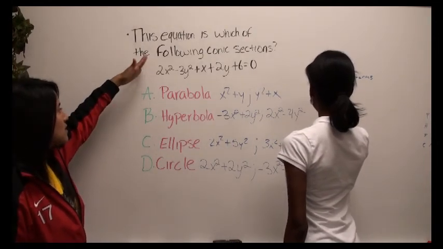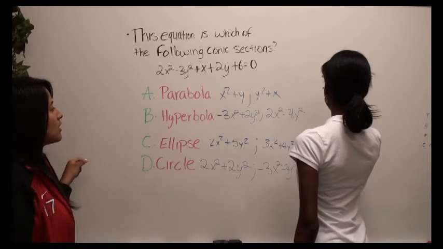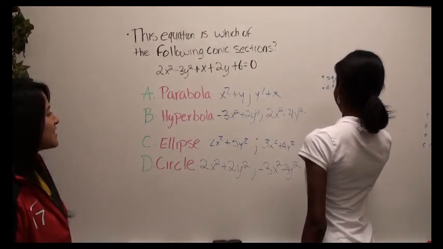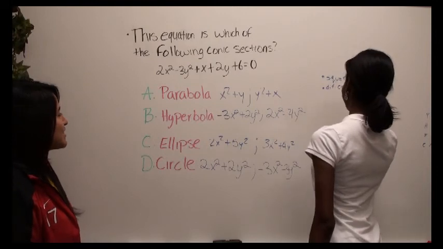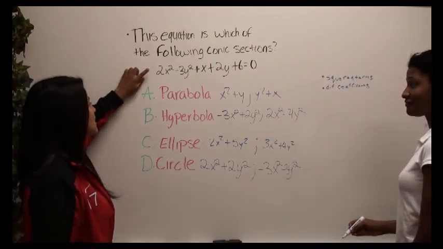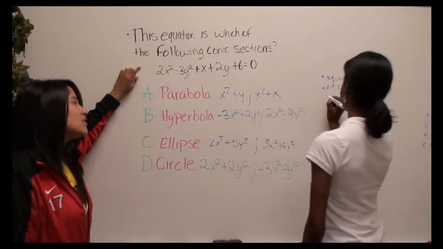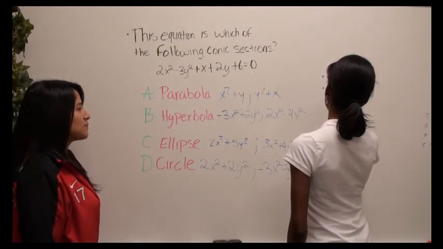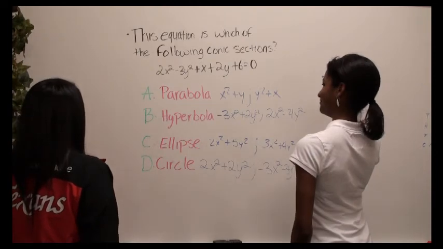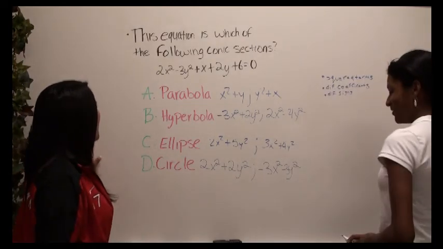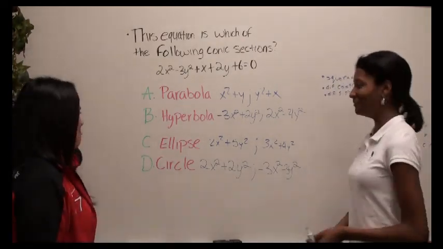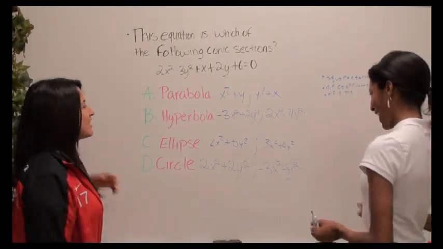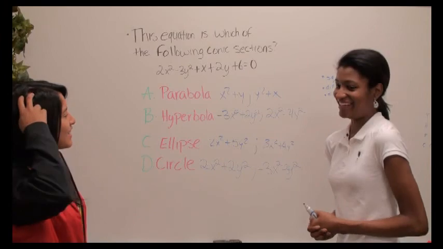For example, the x has a 2 and the y has a 3. Finally, we can see that they have different signs as well. The x is positive and the y is negative. So, which one matches up with which? Put your thinking caps on. What do you think, Anna?